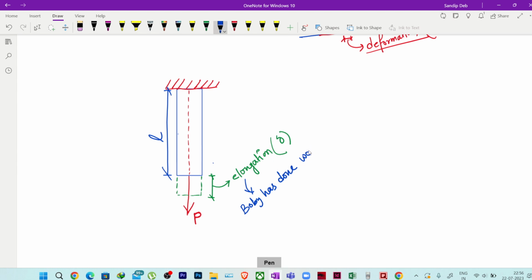As per the definition of work, it has changed its point. Every single point on this particular bar has displaced along this direction, and we have some linear displacement also. So it has done some work. This work I will write this way: work done by the body.